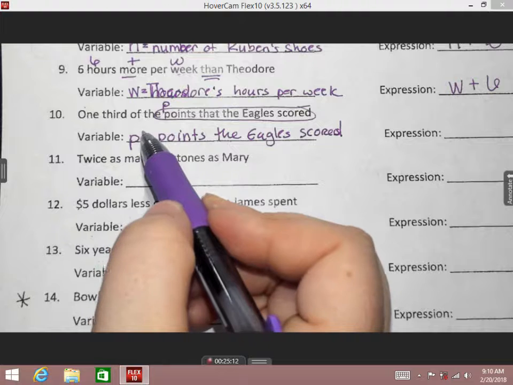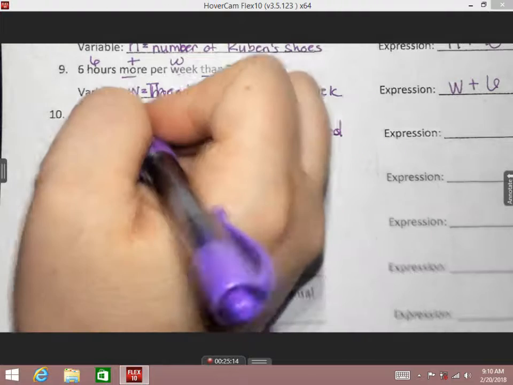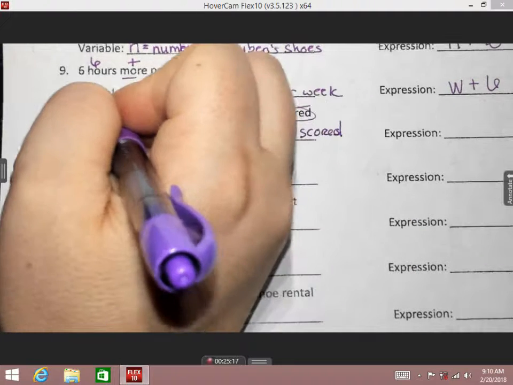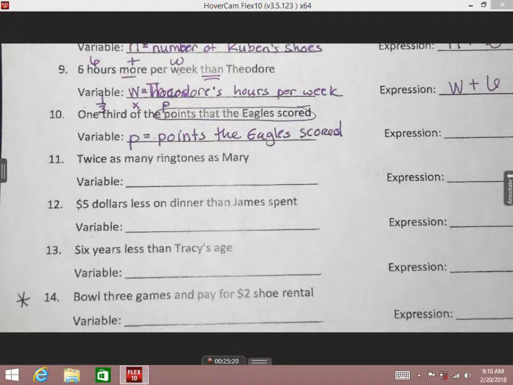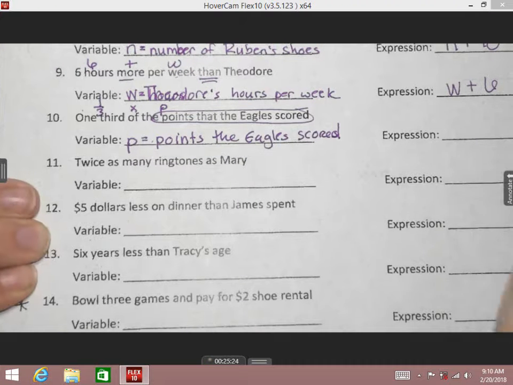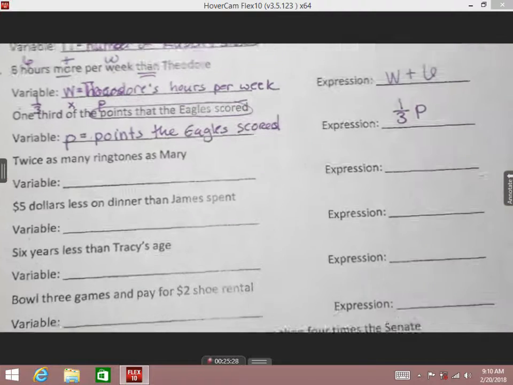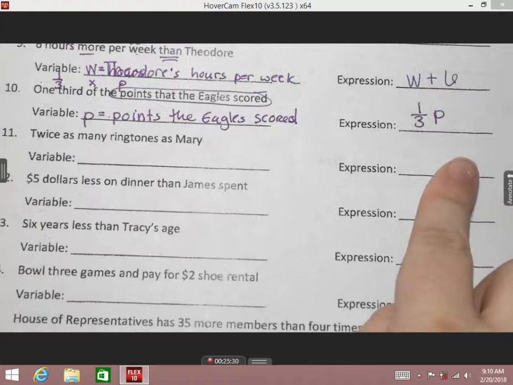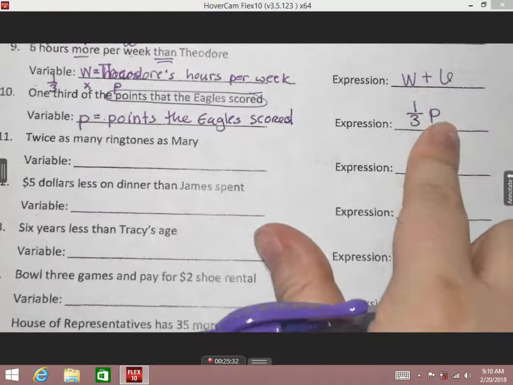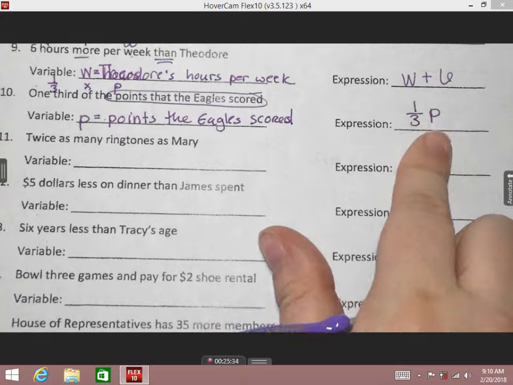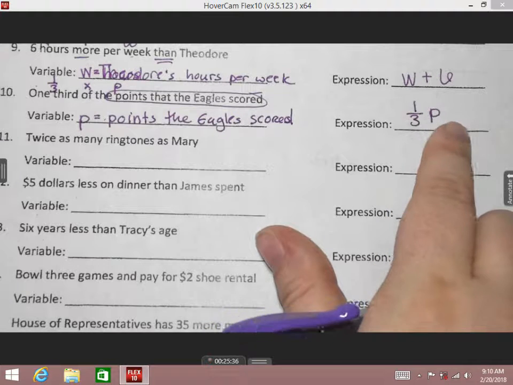Of, what operation is of? Multiplication. This is saying 1/3 times P. So how would I write that, Faith? 1/3 P. Guys, you'll notice when I wrote my P, did I put it on top with the 1? No, did I put it on bottom with the 3? No, I put it in the middle like a whole number, okay?